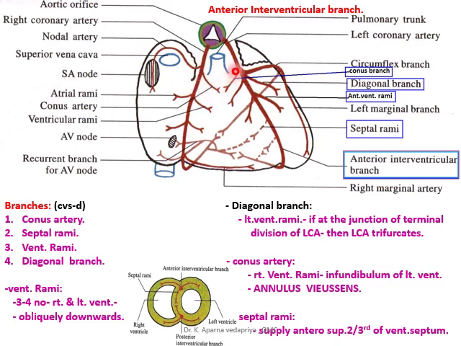They form an anastomotic ring around the infundibulum of the pulmonary trunk, which is called the annulus of Vieussens.